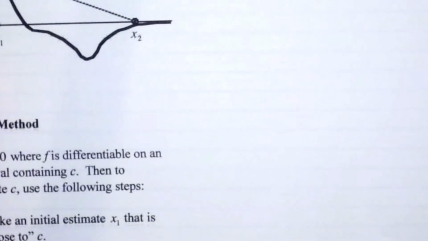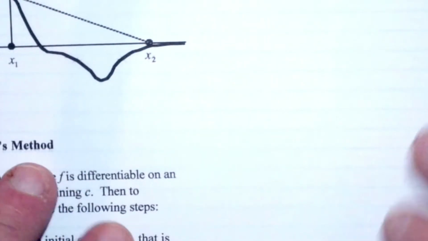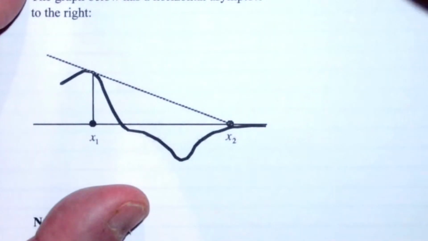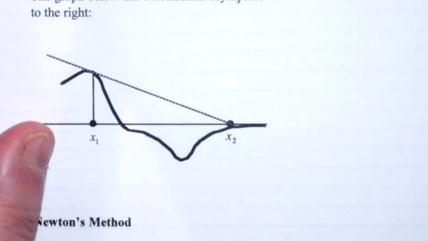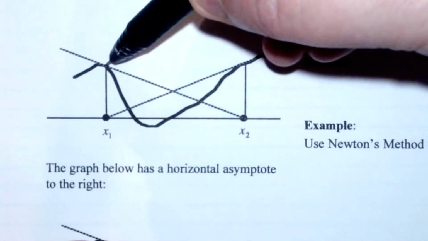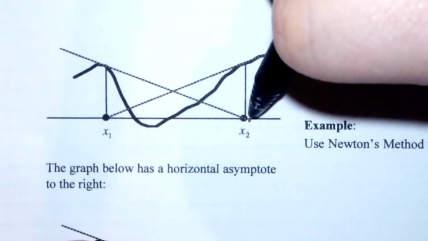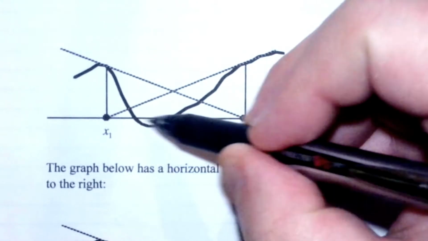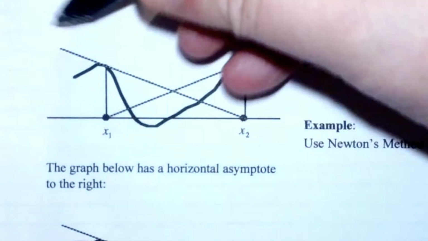Some more interesting things can happen, such as this. You might pick an x1, then the tangent line at x1 sends you to a point x2. So for instance, in this case, we're looking for one of these two x-intercepts, so we pick a point close to one of them.